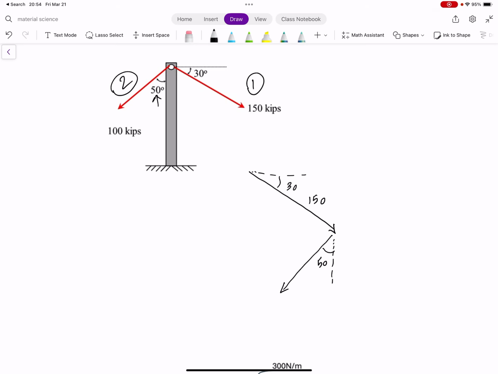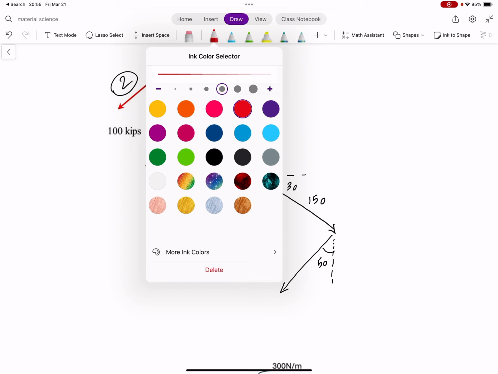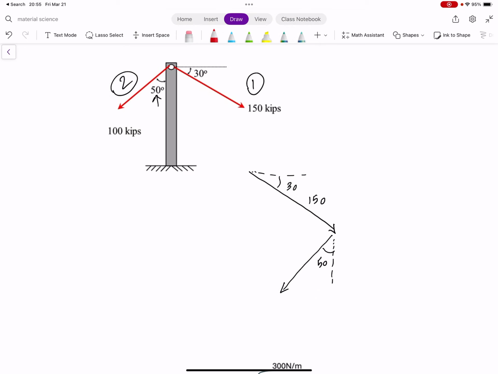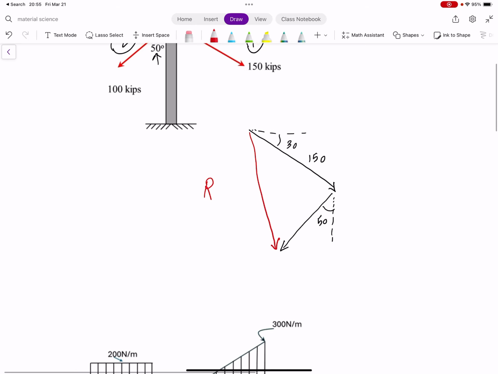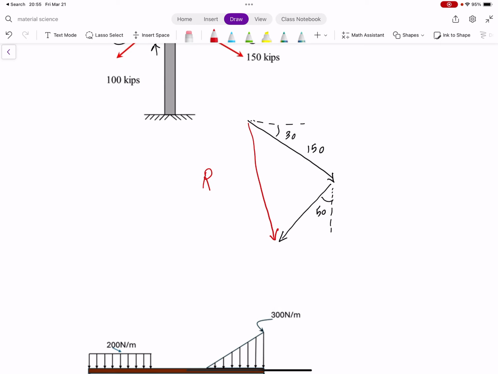The next part is to draw the resultant force. The resultant force starts from the tail of the first one and goes to the tip of the second one. This is R, right? So we have the triangle now. We need to use the tools I mentioned in class to find the magnitude and the angle of R with the horizontal line.